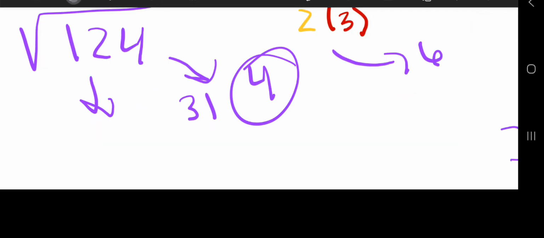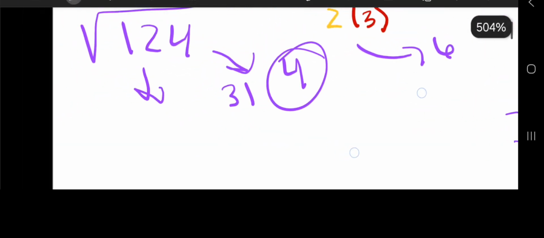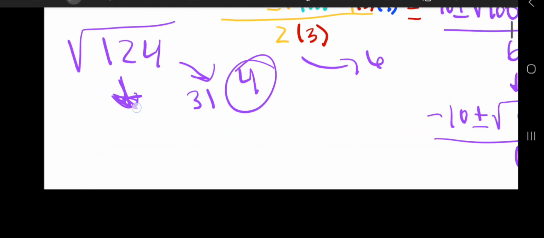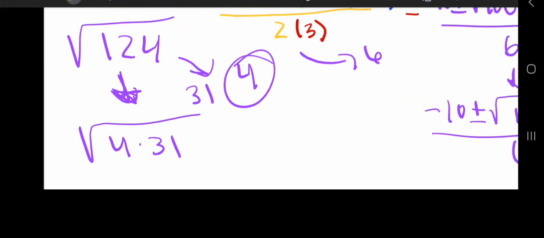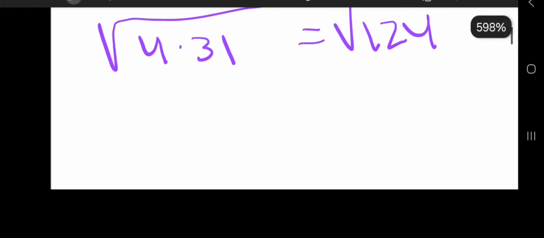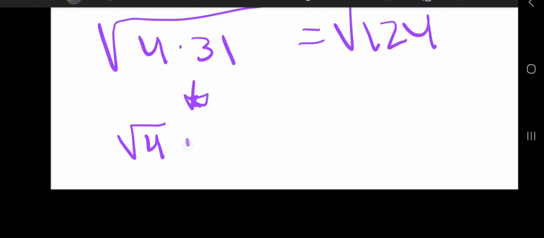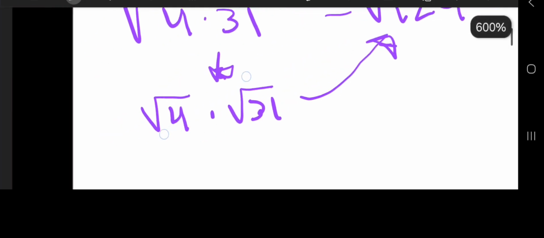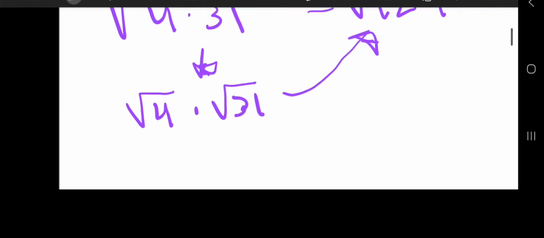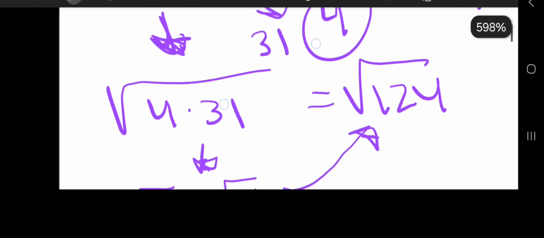So now that we have these factors, we can actually write this in a different way. We can write the square root of 4 times 31 as the same thing as the square root of 124. But we can write this even simpler. This can also become the square root of 4 times the square root of 31. That is the exact same thing as the square root of 124, because we can just split it up into its factors.